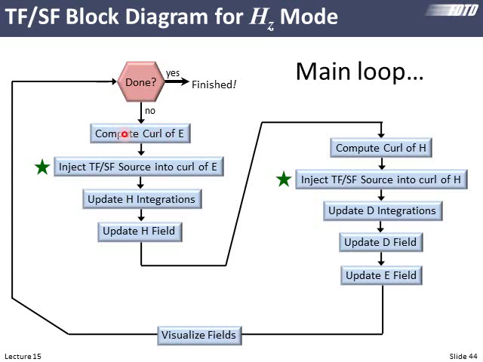So we'll calculate the curl of E, then we'll loop across the grid, not the whole grid, just in the x direction, to incorporate those correction terms, update the H integrations, update the H field, and calculate the curl of H. After we're done calculating the curl of H, we loop horizontally across the grid and add those correction terms, then update the D integrations, update the D field, update the E field, visualize, and just keep repeating this and marching over time. So all we did was add a step after each of the curl computations to incorporate these correction terms.